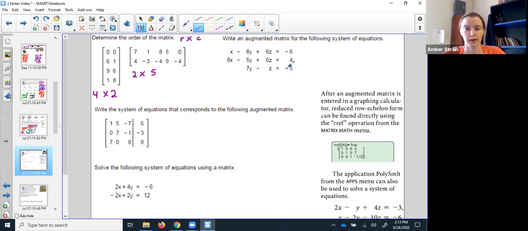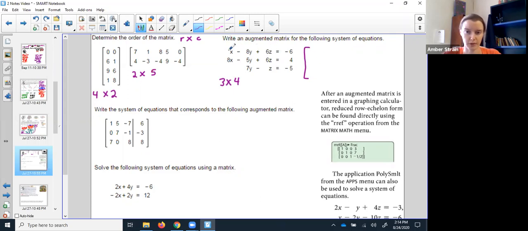So in this one right here, if I wanted to communicate with my calculator and put it in, I would put it in as a 3 by 4 matrix. Okay, now it would need me to fill in all of these positions, even the ones that were blank. So I do that by writing it in as just the coefficients, no letters at all.